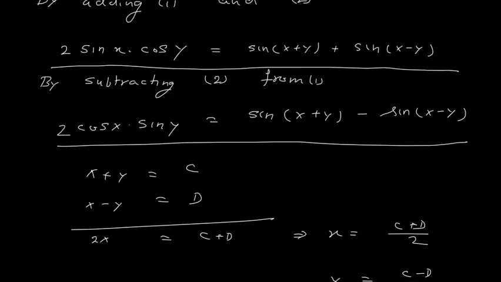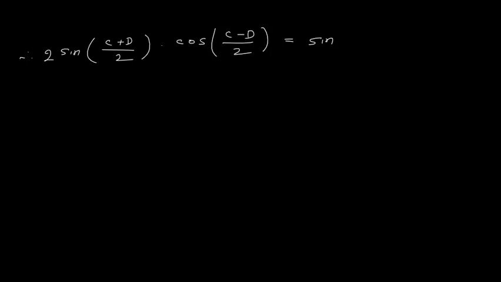So from this formula we can say that 2 times sin of c plus d by 2 into cos of c minus d by 2 is equal to sin c plus sin d.